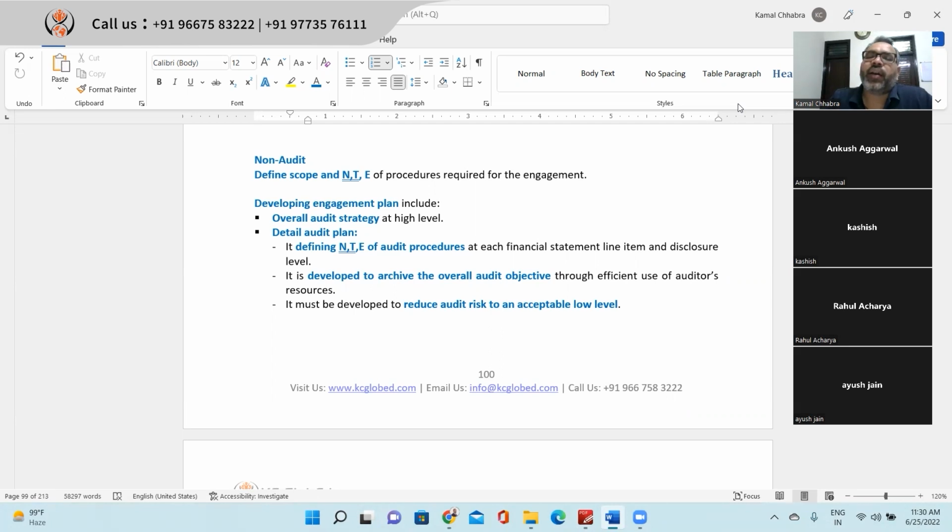In those areas, you need to increase your audit procedures to bring your audit risk to an acceptable level. We'll be discussing in detail what is audit risk and how you do the math for it. There's a calculation for how audit risk is derived, so we'll be doing those mathematical equations also.